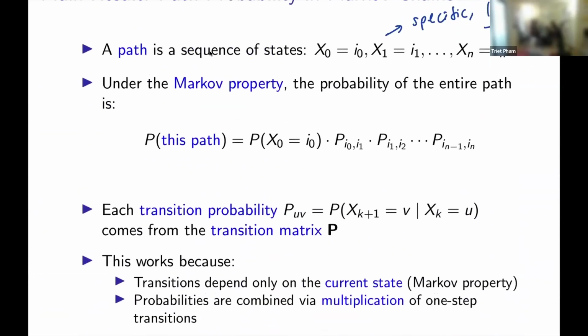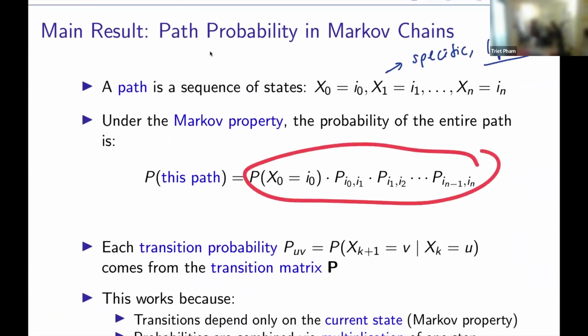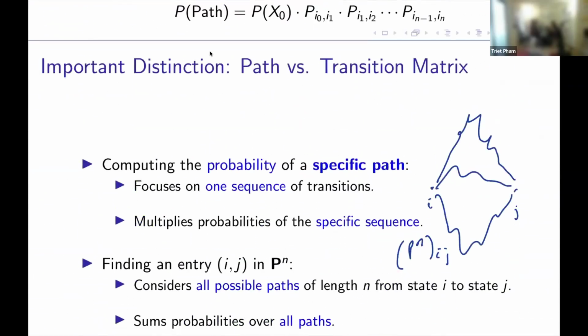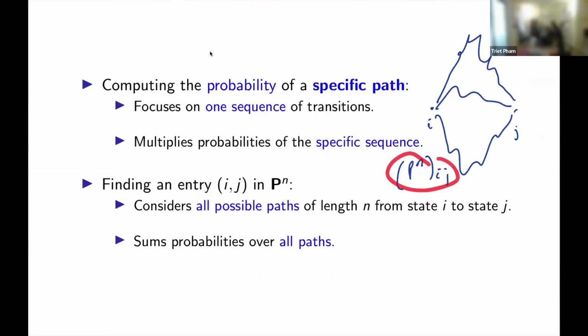If you know how to do the specific path, you can also skip in between, like X0, X2, X4, X7, by multiplying the transition matrix accordingly. P to the n connects the two endpoints in n steps, regardless of how you move in between.